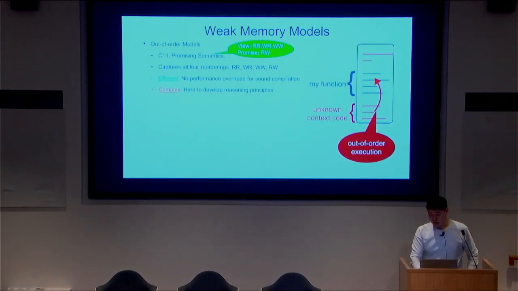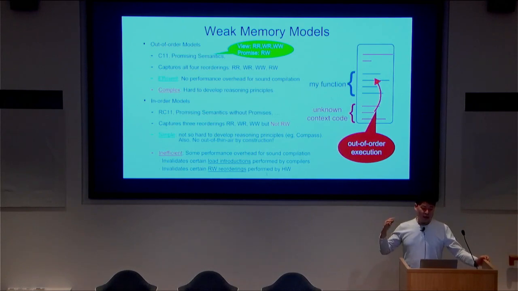For example, I have my code, and there is a caller. You don't know the code of your caller, but your caller's code may be executed during your execution. While you're executing your code, some unknown caller code may be executed out of order. This complicates your reasoning, and it's a very complex model.